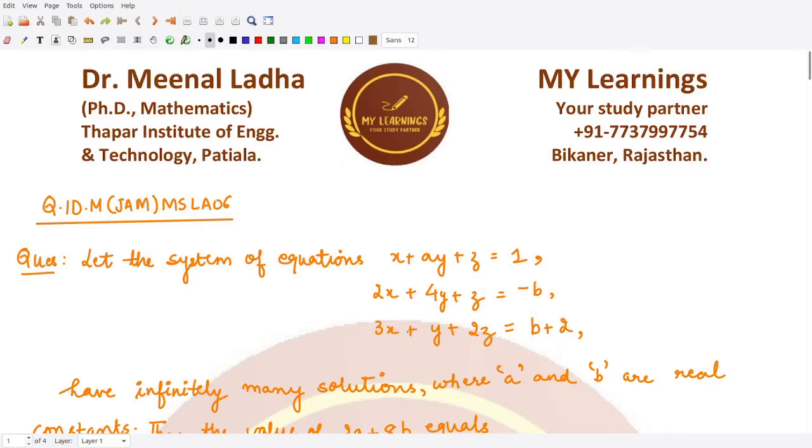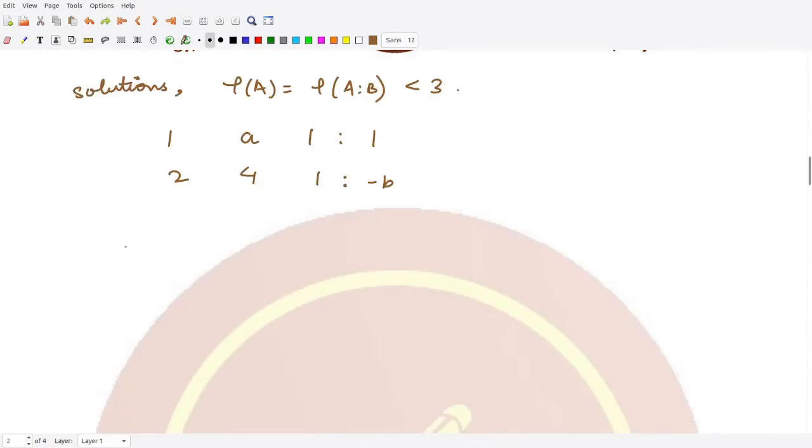And in the third row we have 3, 1, 2 and B plus 2. So this is our augmented matrix A augmented B.